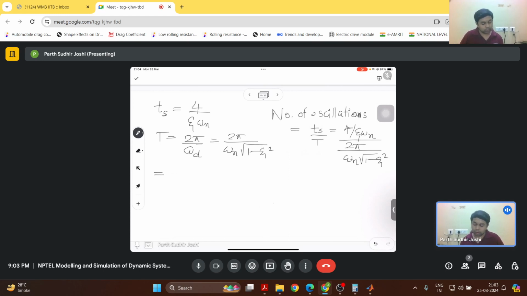So it will be basically 4 by zeta omega n into omega n into root of 1 minus zeta square on 2 pi.